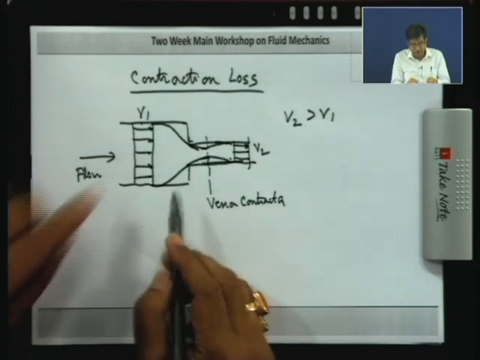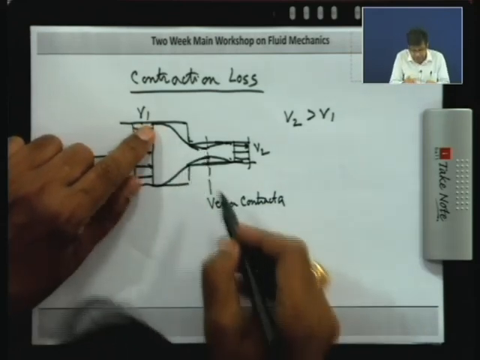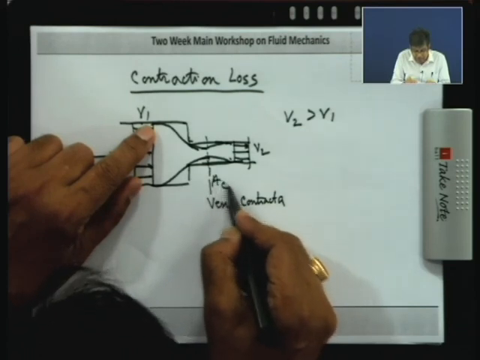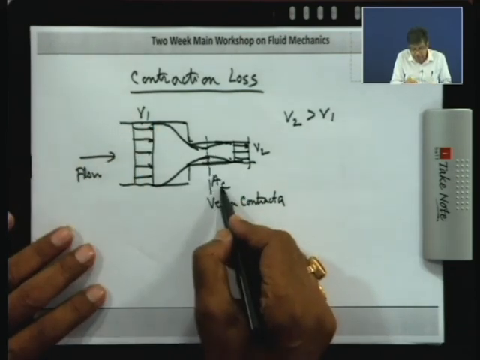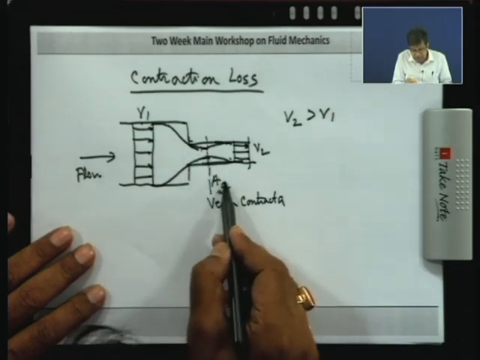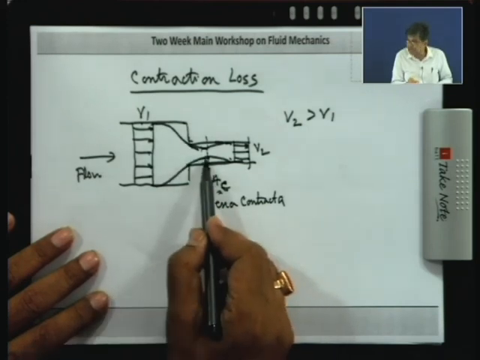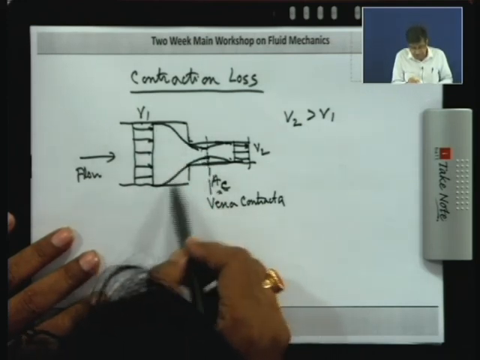Now, what happens when the streamline converges up to vena contracta area, where I consider the cross sectional area of the stream tube is minimum, this is AC, the cross sectional area of the flow is minimum, denoted by the suffix C. So, up to this the flow is accelerating. Why? It is taking place with reduction in area.